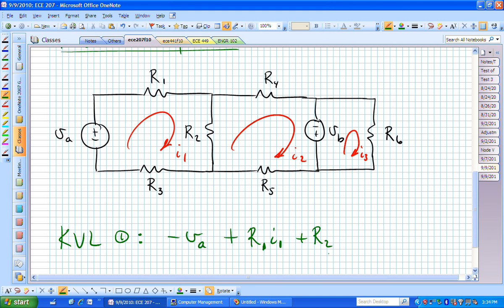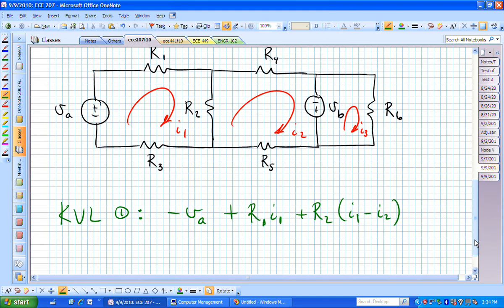If we want that voltage to be labeled plus to minus from top to bottom, we say we have I sub 1 minus I sub 2. That's the current going down through that resistor in the positive sense. I1 is down, I2 is up. I2 is impeding, going against the direction we want to go. That's why it has the minus sign.